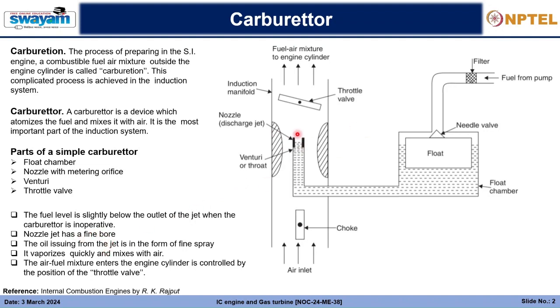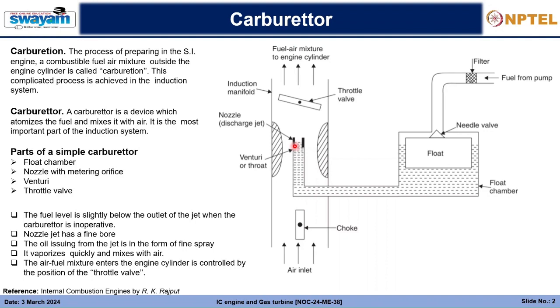Then the nozzle has a fine bore. That's why the fuel that comes out of the fine bore is itself atomized, and due to that, it properly mixes with the air. The ratio of the surface area to the volume of these very small fine droplets of fuel is very high.